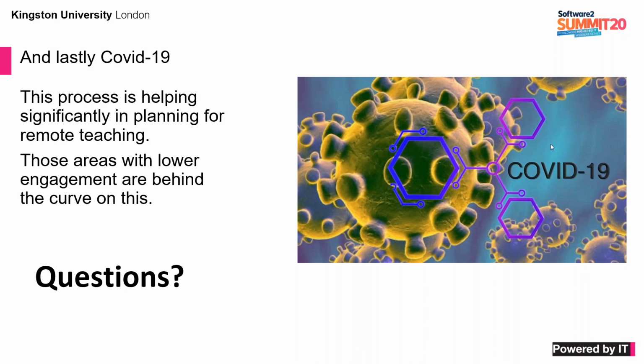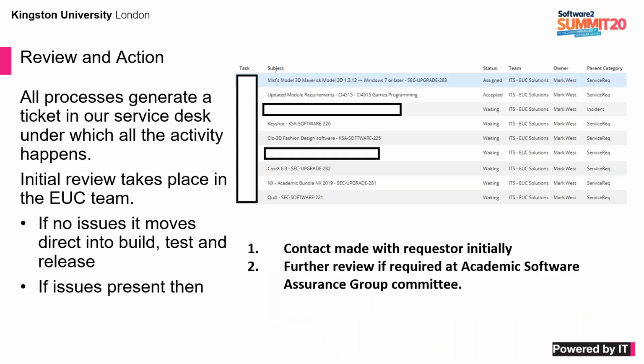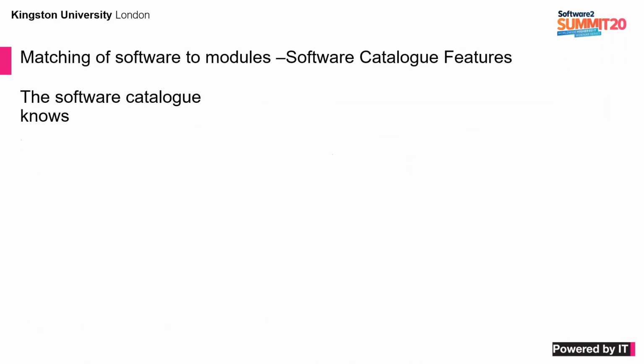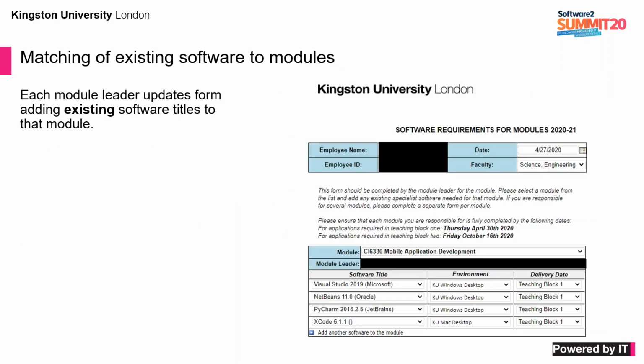There are a few questions that have come in. One is regarding how you handle the retiring of software titles. Do they stay forever, or what's the process there? So what we like to do, if I can jump back to an earlier slide, is highlight something that definitely isn't obvious from this form.